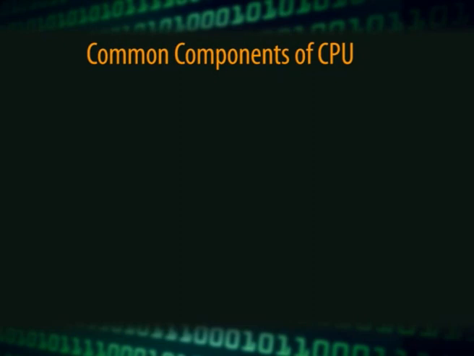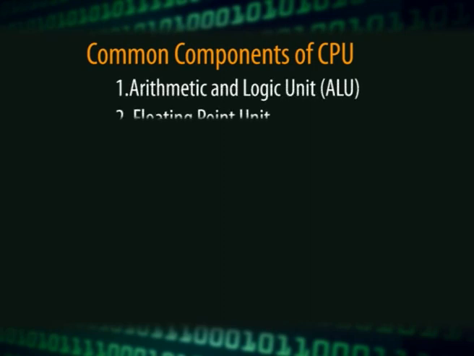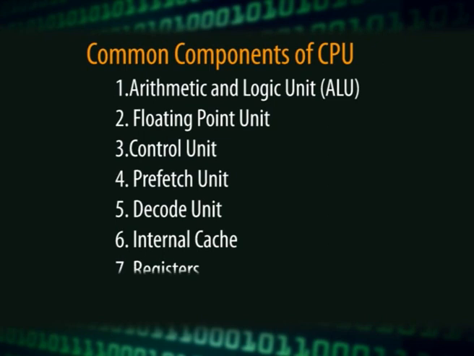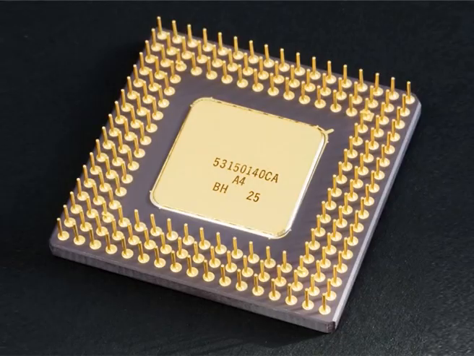There are 8 common components in every CPU: arithmetic and logical unit, floating point unit, control unit, prefetch unit, decode unit, internal cache, registers, and bus interface unit. These components and their logical interconnections help us to better understand the working of the CPU.